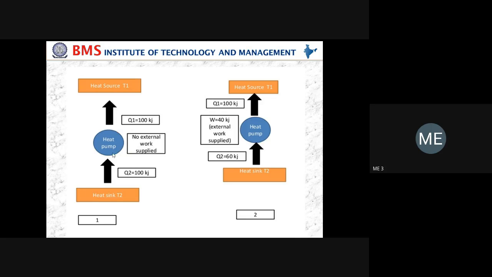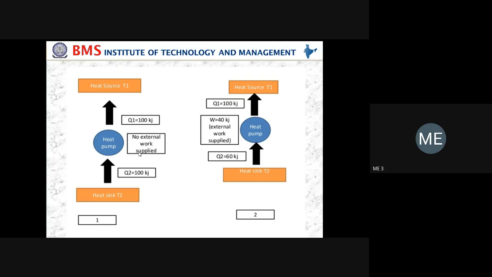Whatever heat is extracted is taken directly to the higher temperature body. Then what is the COP? COP is QH divided by QH minus QL, so you get 1. Since no work is supplied, the COP should be greater than 1. In that case it will not work, because the COP can never be 1. It should be greater than 1.